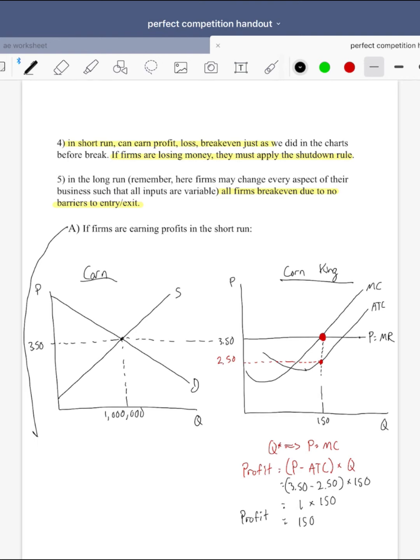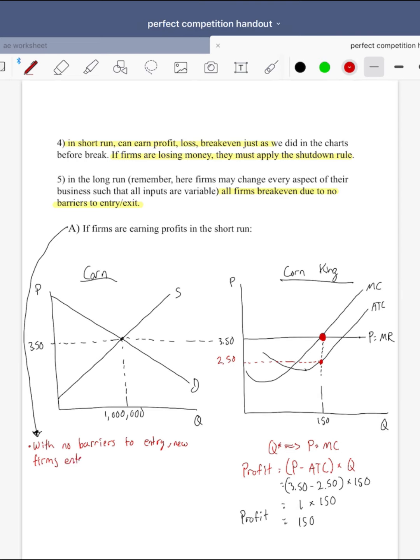Now, if the price is $3.50, our average total cost is $2.50, and our quantity is 150, then 3.50 minus 2.50 is going to give us 1, times 150 is going to be equal to 150. Now let's say that instead of just 150, this is $150,000, so this is in thousands of dollars. So I'm making a profit of $150,000.